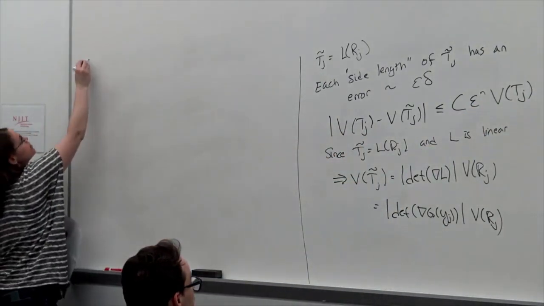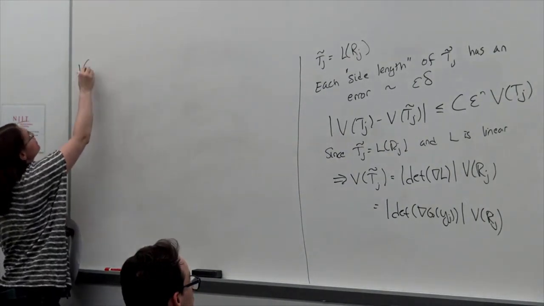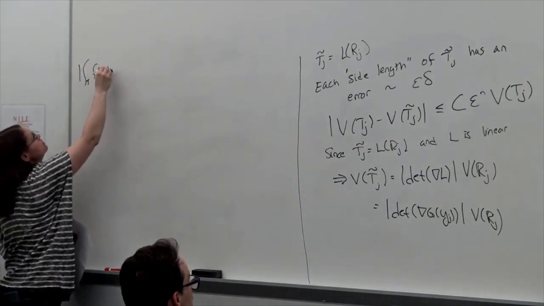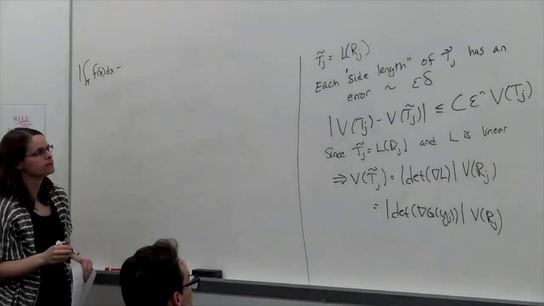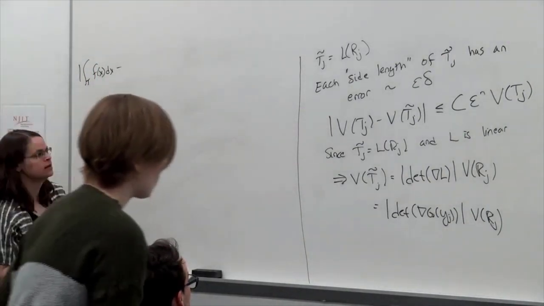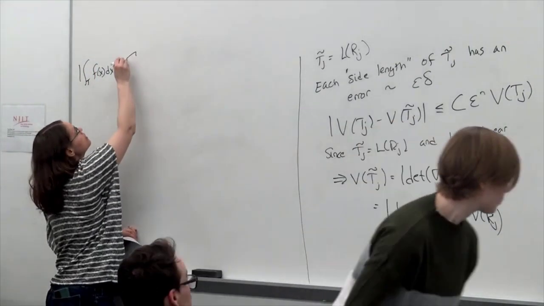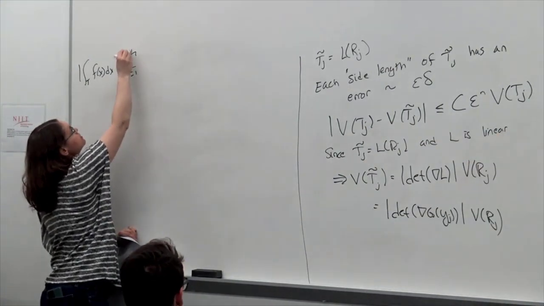Okay, so on the left-hand side, I'm just going to rearrange things. This is the integral I want to do. On the right-hand side, I'm going to move over this object.